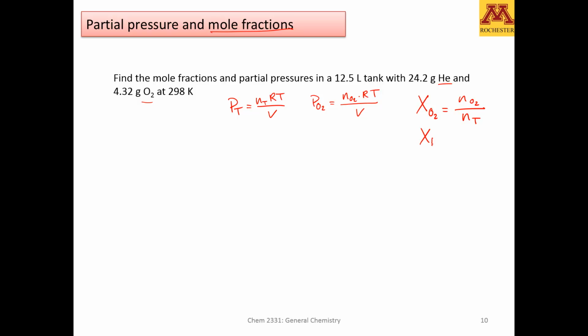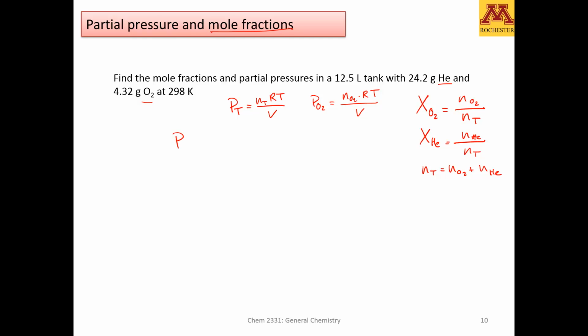Therefore, the fraction of helium is the moles of helium divided by the total number of moles. Of course, the total number of moles is the number of moles of oxygen plus the number of moles of helium. Notice that a fraction has to be a value between 0 and 1. It's not a percent, it's a fraction of 1.